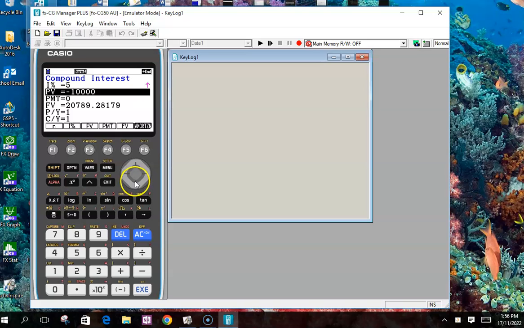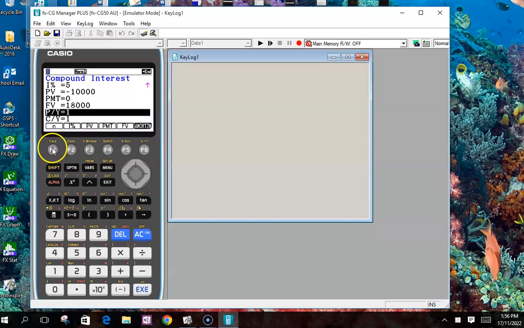What about this? We wanted to know how long it took for the future value to get to 18,000. So I can make my future value 18,000. And what did we want? How long?